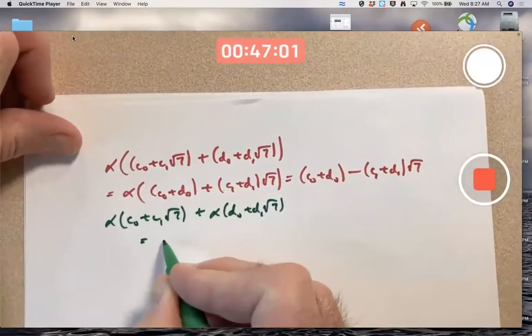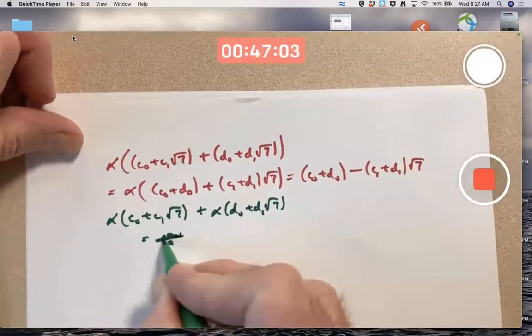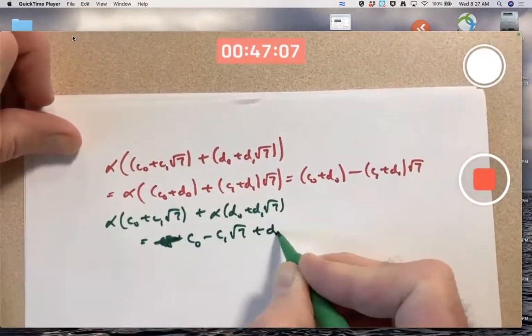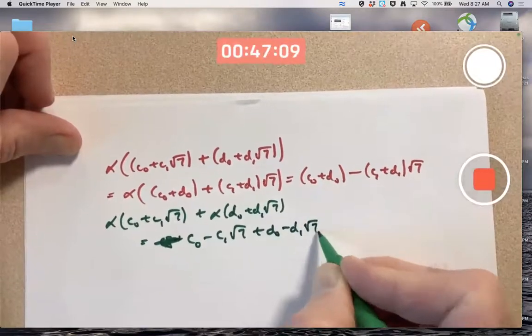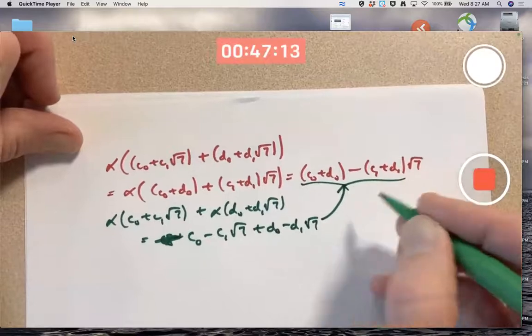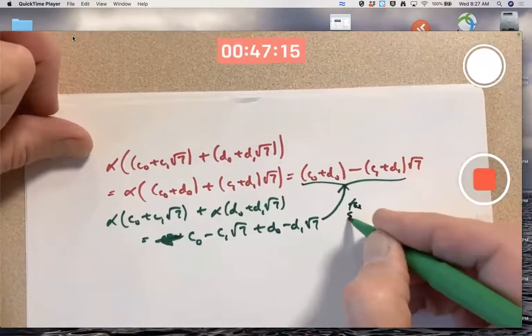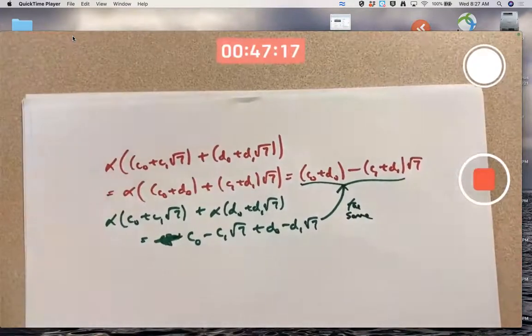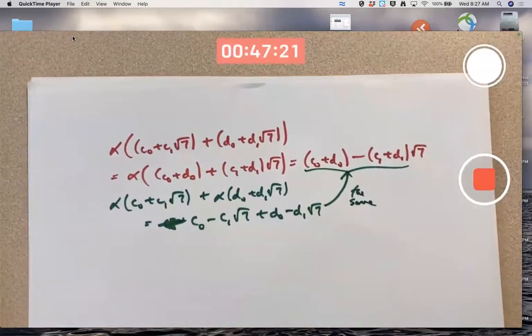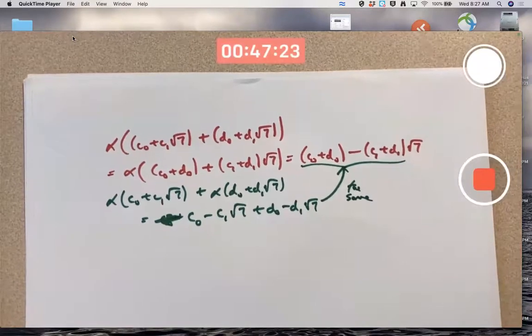Because this is going to be C0 minus C1 root 7 plus D0 minus D1 root 7. And yeah, you can rewrite that like this. These are the same. So it definitely preserves addition. Does it preserve multiplication? That's a little trickier in general.